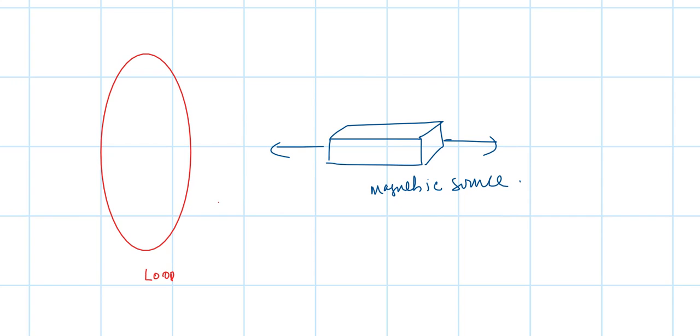So it can also be done in another manner, where to change the magnetic field through the coil, one can rotate the loop about such an axis, or even any other axis you want to choose can be used to rotate the coil.